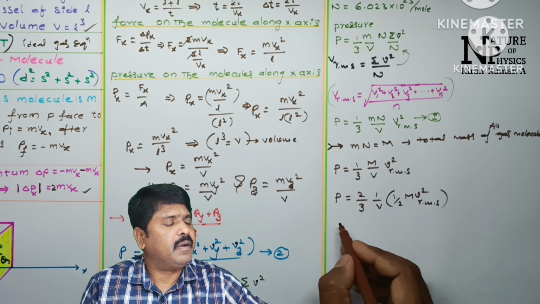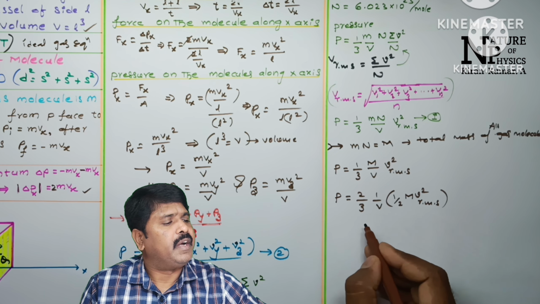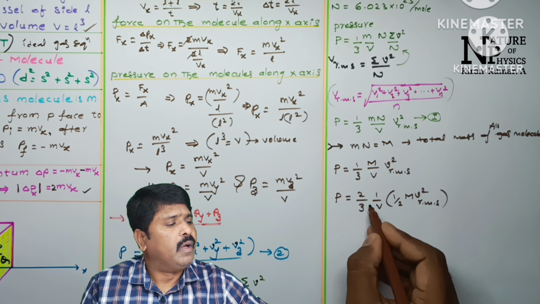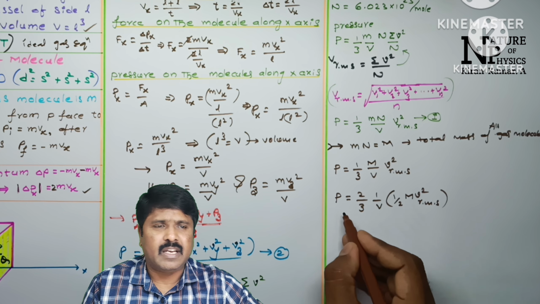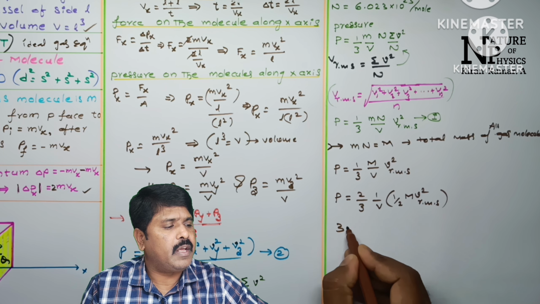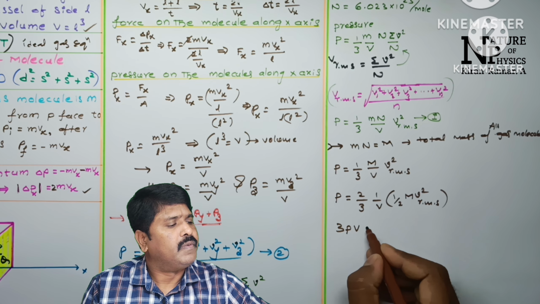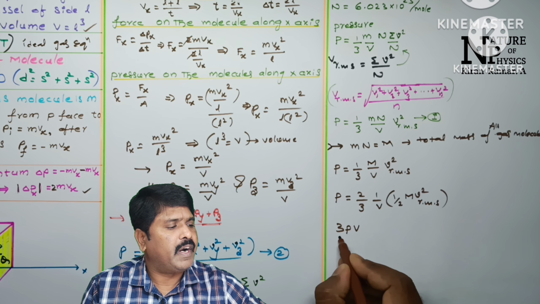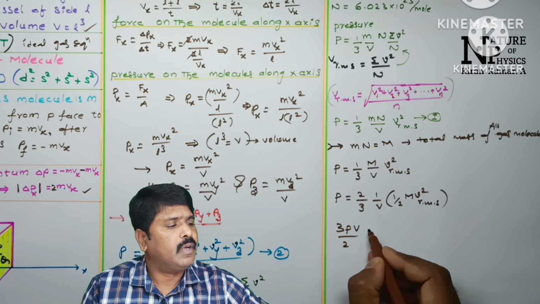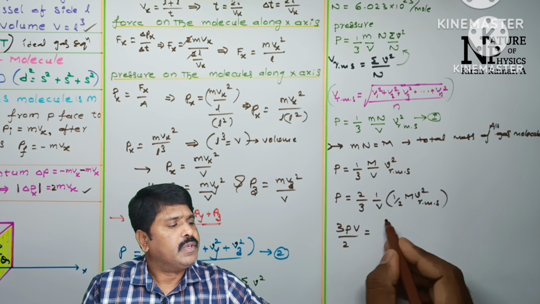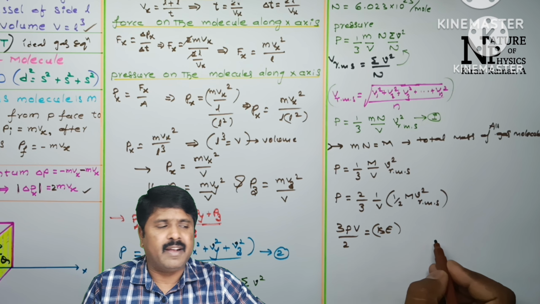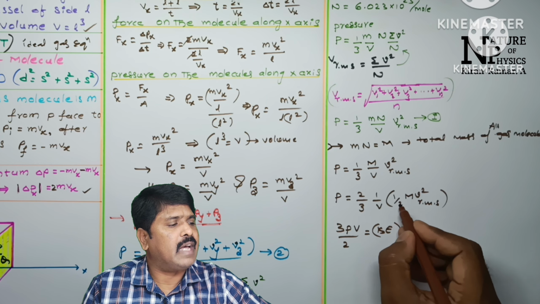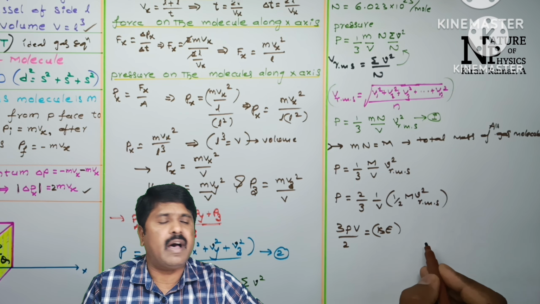Then, continuing the equation, kinetic energy is replaced, and at the same time writing the denominator values 3 and V from the RHS to the LHS, that is 3PV is equal to, whole divided by 2 also we can write, which is equal to kinetic energy. Only on the RHS I wrote kinetic energy. Kinetic energy is of M V square RMS.